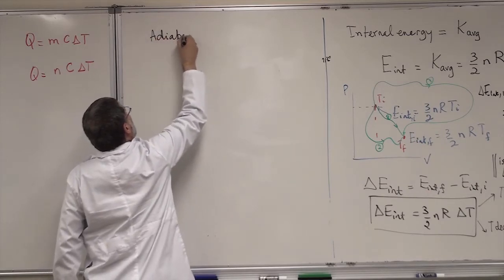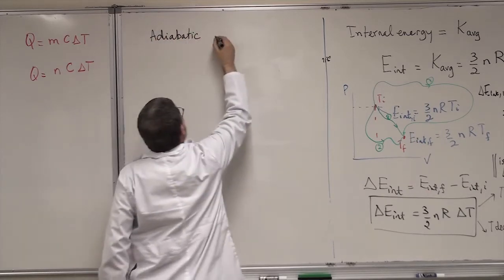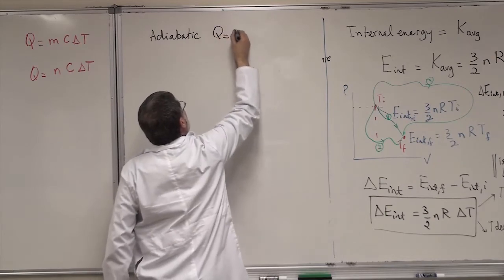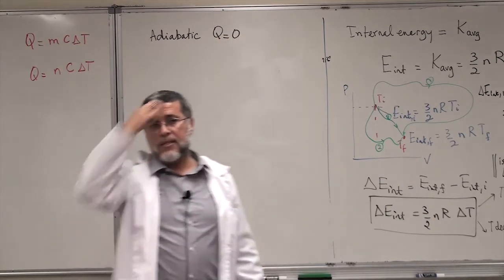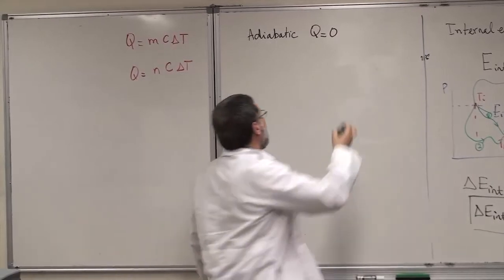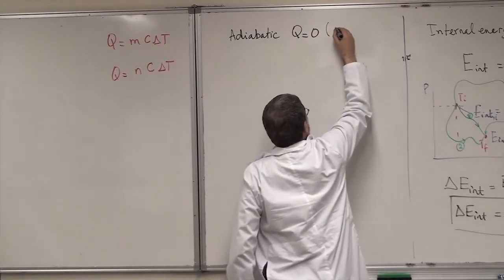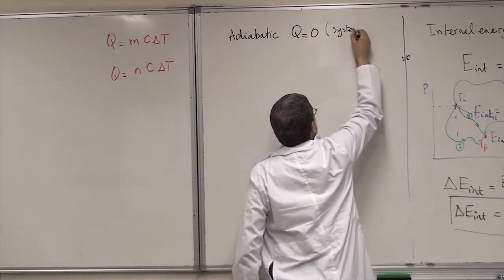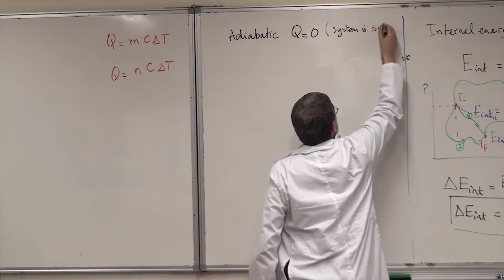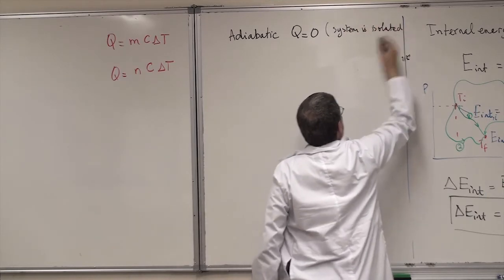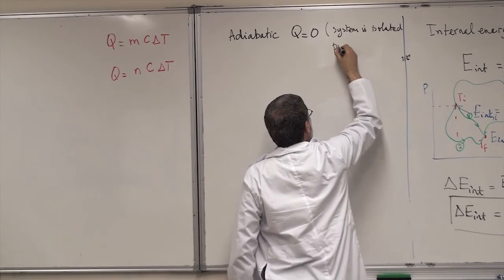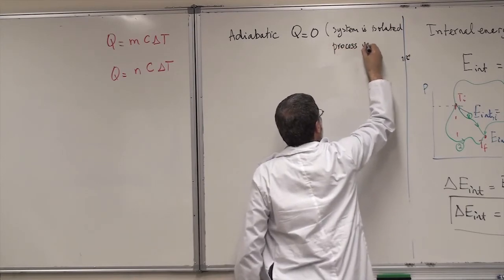Let's now go to the adiabatic process. For adiabatic process, we know that the heat is equal to 0. It means either one of the 2 things, okay? Either the system or our gas is isolated, or the process happens very fast.